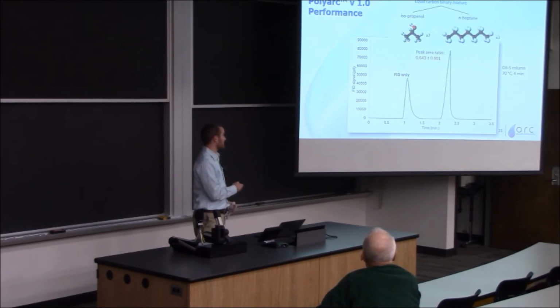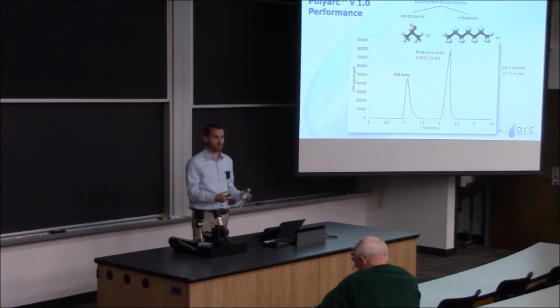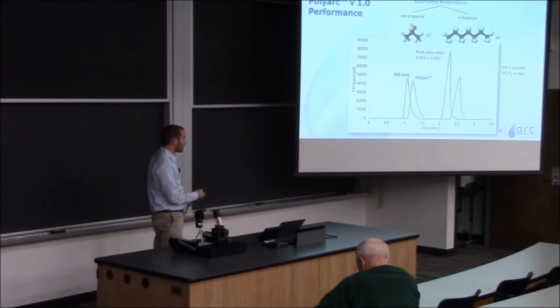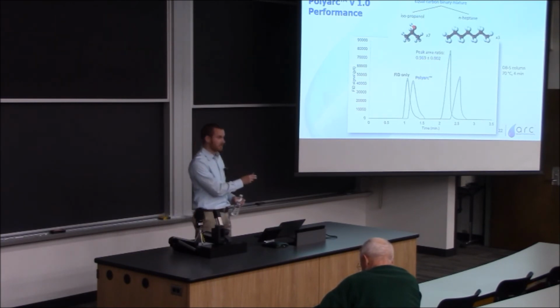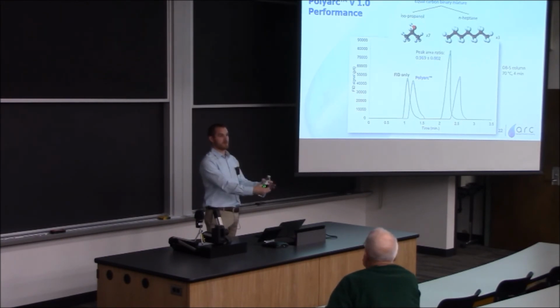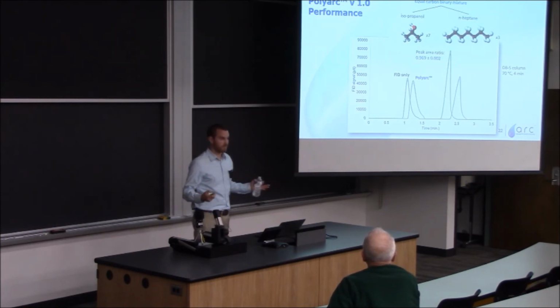That's because this alcohol group right here decreases the probability that it's going to form a carbocation. If instead we put a Polyarc reactor into that GC, we see that the area of the two peaks is the same, because all the carbons have been converted to methane, and now the probability to form a carbocation is the same.